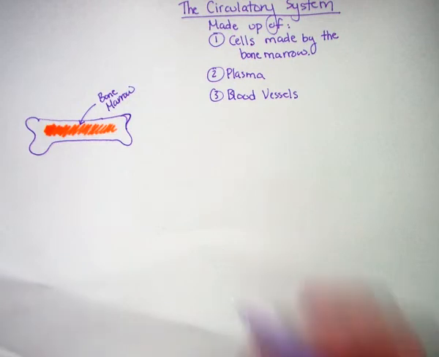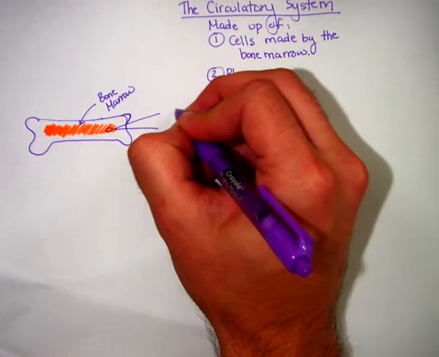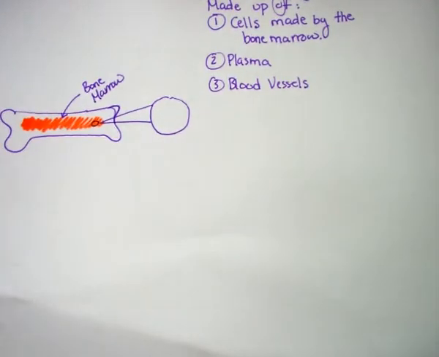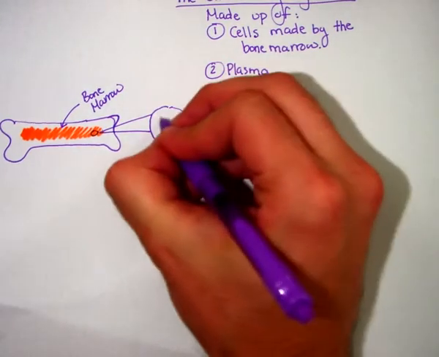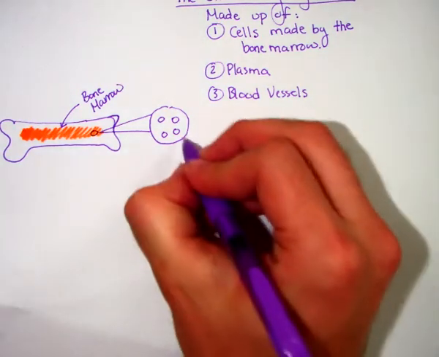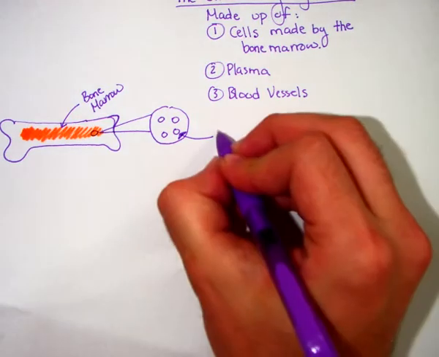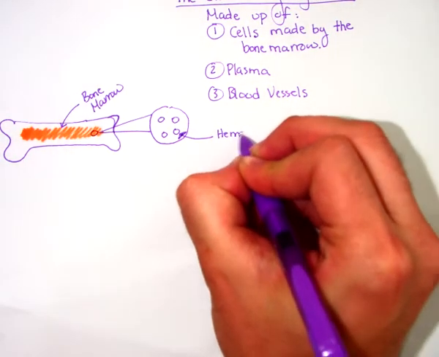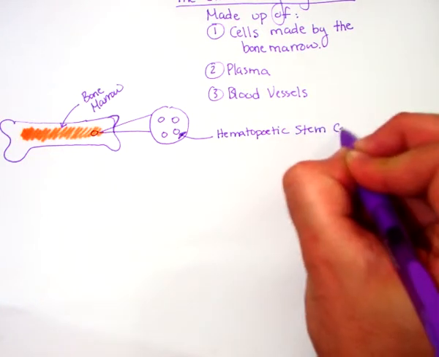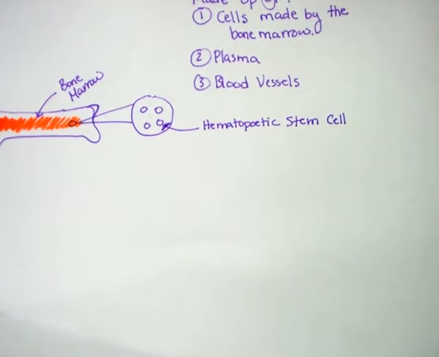And if we were to zoom in to this bone marrow, we'd find a particular type of cell. And this cell is called a hematopoietic stem cell. That was like my favorite word in college. Hematopoietic, a bone marrow stem cell.